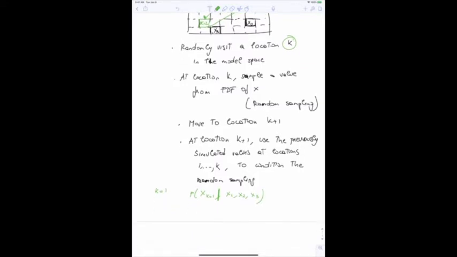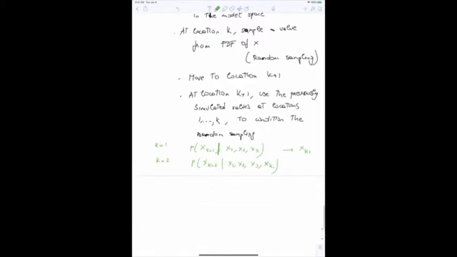Now, we draw a random sample. We're going to call it XK1. And then we're going to move to the next location, K equal 2. Now here, we're going to define a PDF, which is the probability of XK equal 2, given X1, X2, X3, and XK1. So X1, X2, X3 are the three direct measurements. And then XK1 is the previously simulated value.